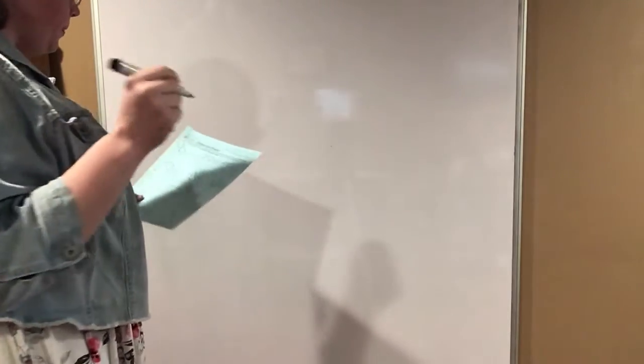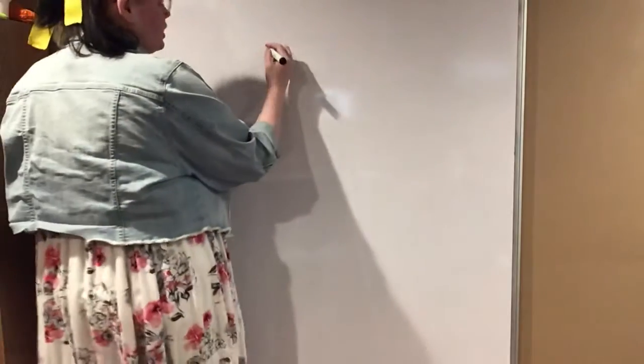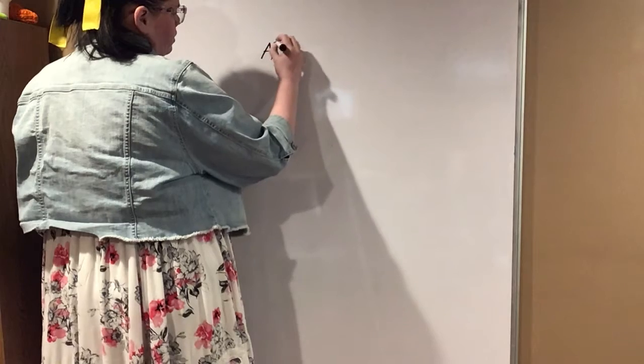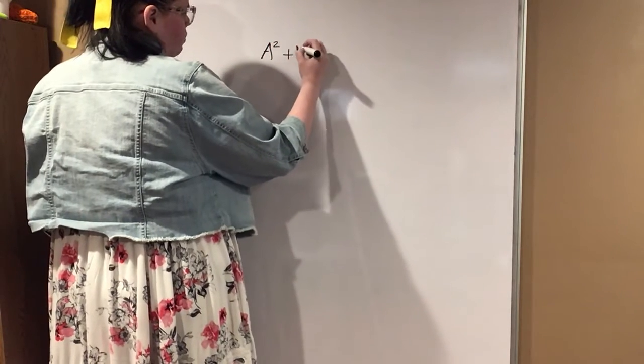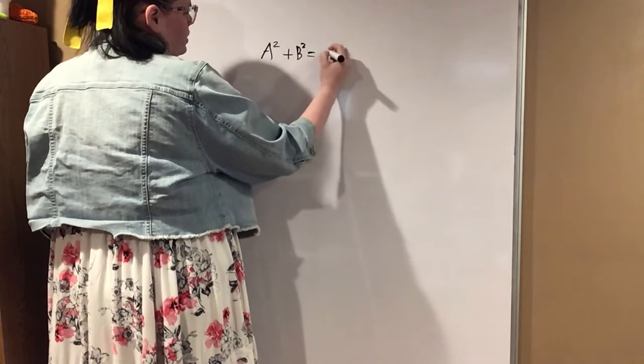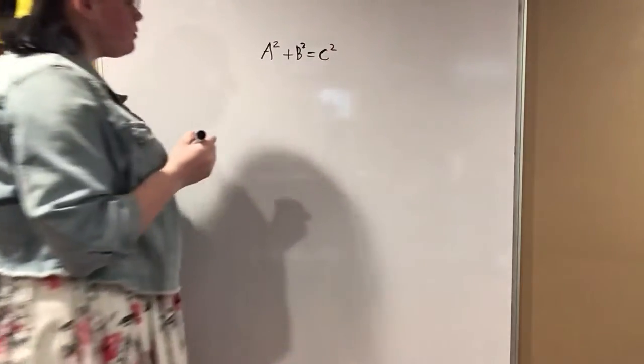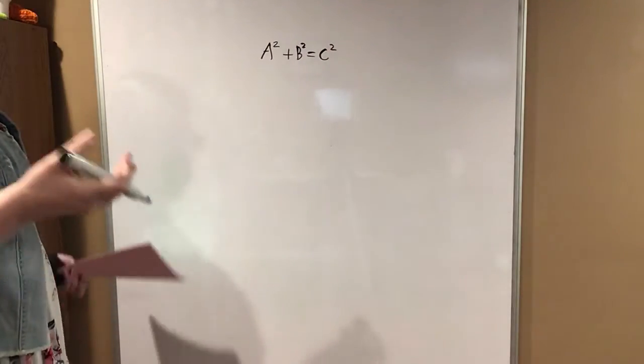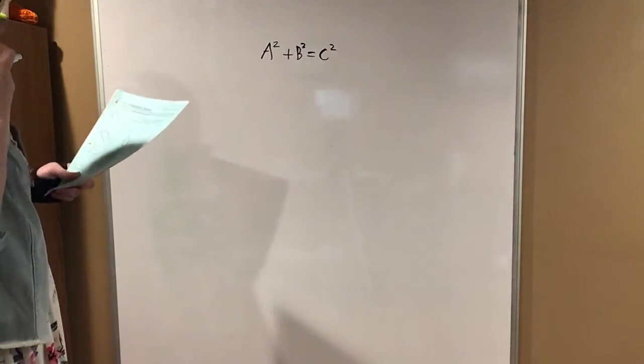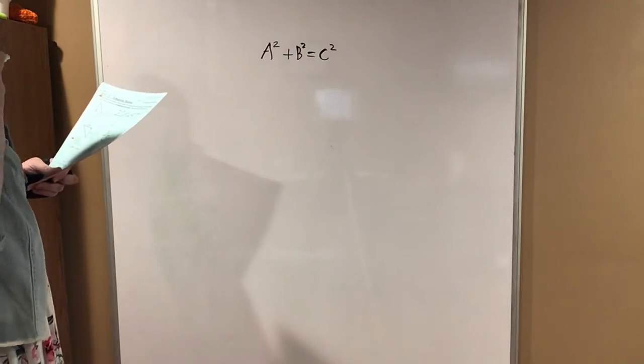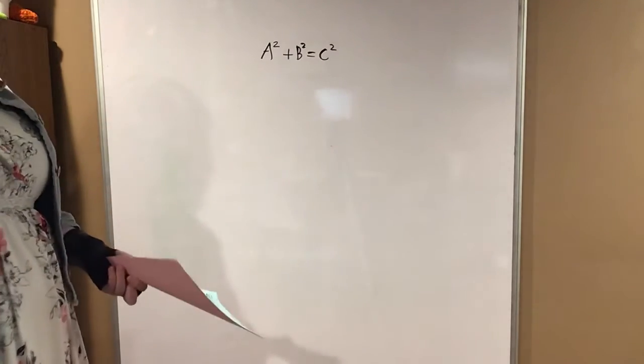Not for a little bit, not until we get into college stuff. But the Pythagorean theorem states that a squared plus b squared equals c squared. What does this mean for us? Well, this means they want us to find the length of a missing side of a triangle.